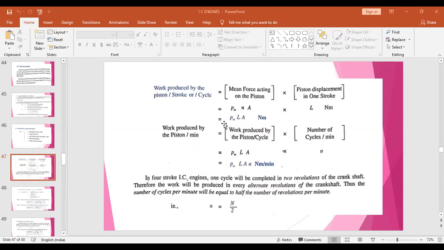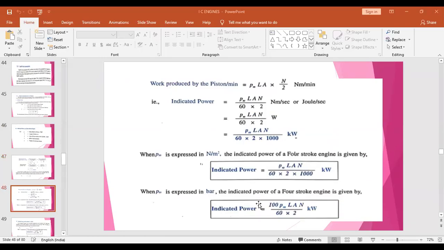Next, work produced by the piston per minute is the work produced by the piston per cycle into the number of cycles per minute. That is PM into L into A into N. That is very, very important, the number of cycles per minute. That is totally PM LAN. In IC engines, in a four-stroke engine, the piston completes the cycle in two strokes. That is indicated power.